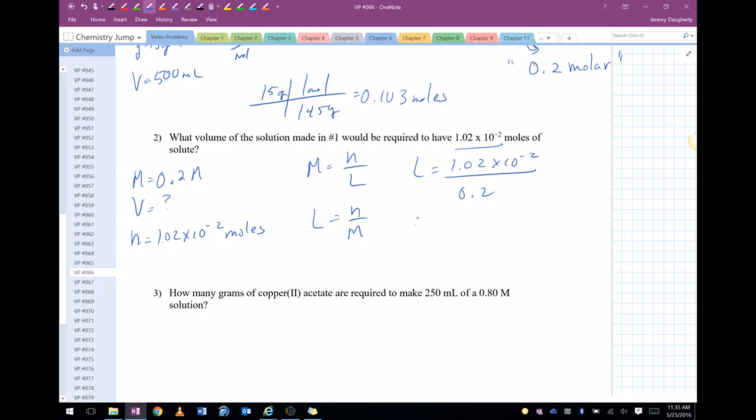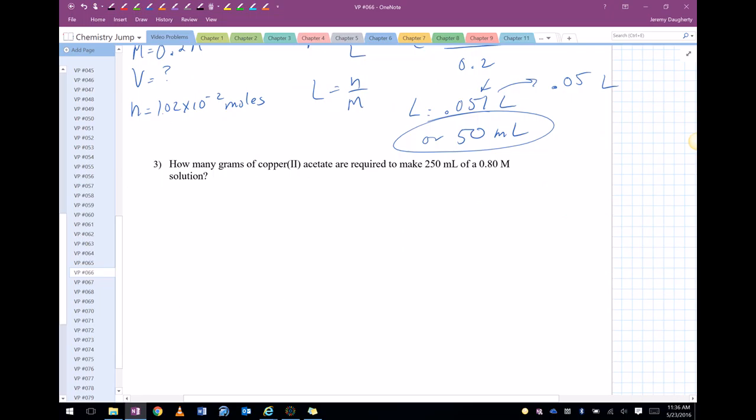And I get a value of 0.051 liters, or 50 milliliters if I want to do 1 sig fig. Okay. Now if I wanted to do this number to 1 sig fig, it'd be 0.05 liters.